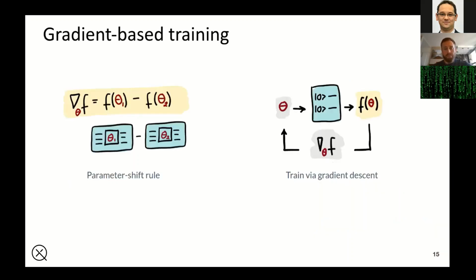All right, so we've seen that the parameter shift rule can be potentially used to get the gradient of quantum circuits. This will actually help us out when we would like to define our training procedures.